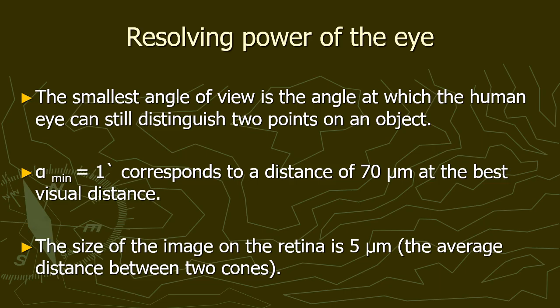In this case, this angle corresponds to the distance between two luminous points of the object, which is located at a distance of 70 micrometers at the distance of best vision. In this case, we will have an image of 5 micrometers in size on the retina. That is, we remember that on the retina we will have a reduced, inverted image. Well, this distance corresponds to the average distance between the two cones.